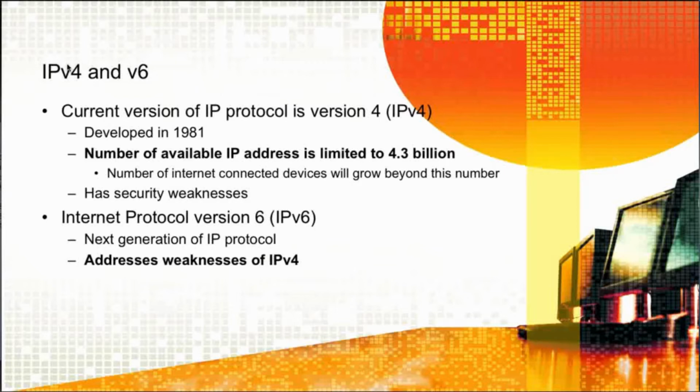Well, that sounds like a lot until you recognize that we are currently out of available public IPv4 space. That's why IPv6 had to be created. It's the next generation of the IP protocol that attacks the weaknesses of IPv4. It's a more secure and better standard by far. However, it is a lot more complicated.